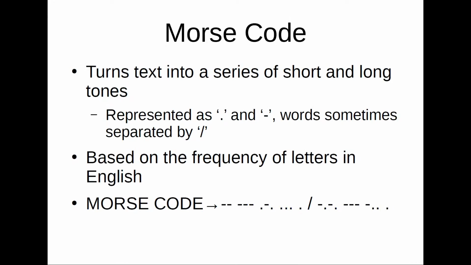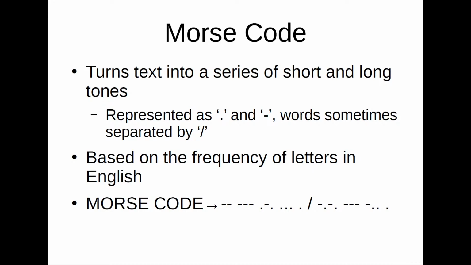Right. So Morse code is a historic example, and most people might not even think of it as a substitution cipher, but it fits the definition. It turns text into a series of long and short tones called dits and das, and they are represented normally with a dot for a dit and a dash for a da.